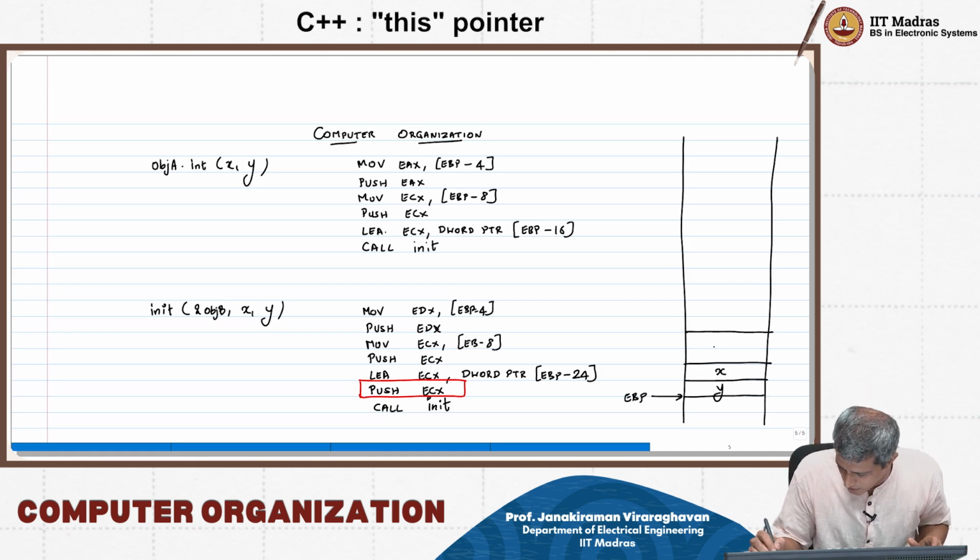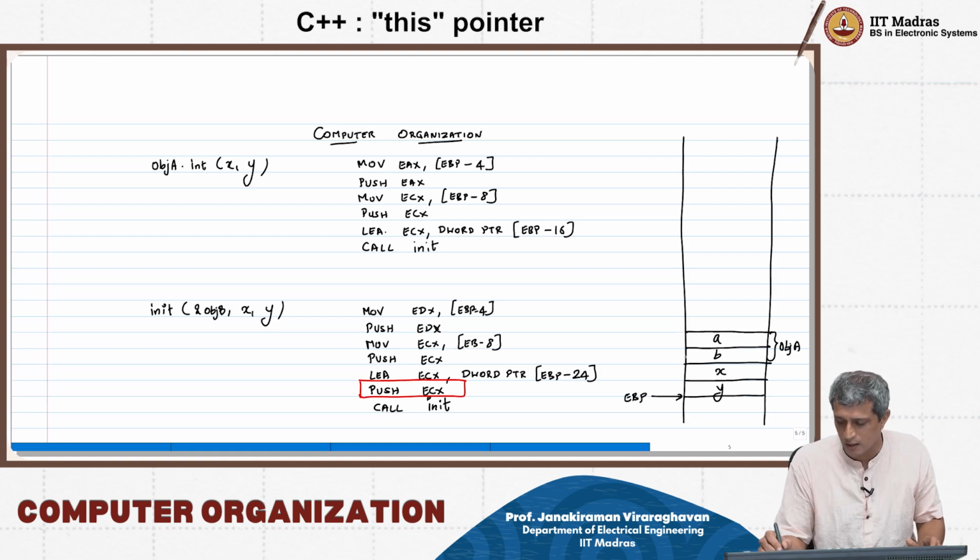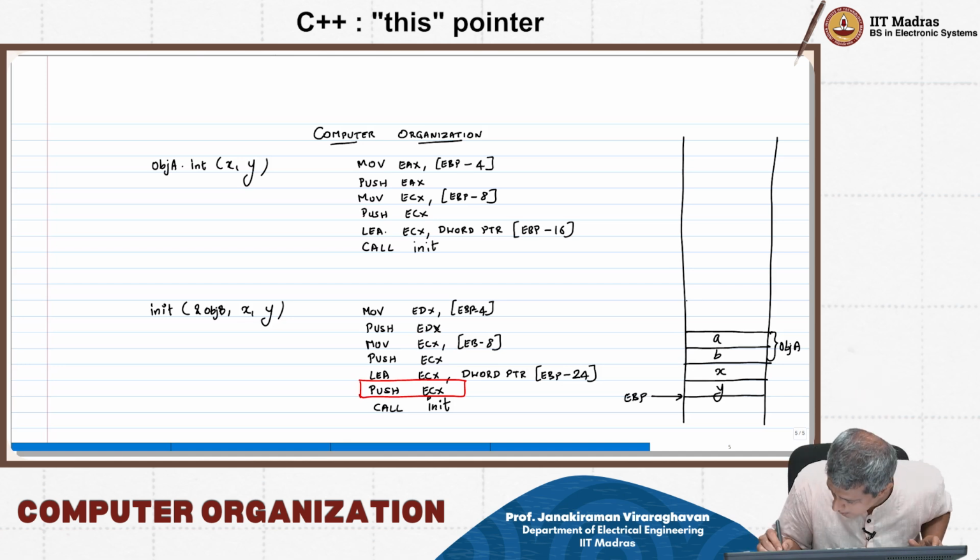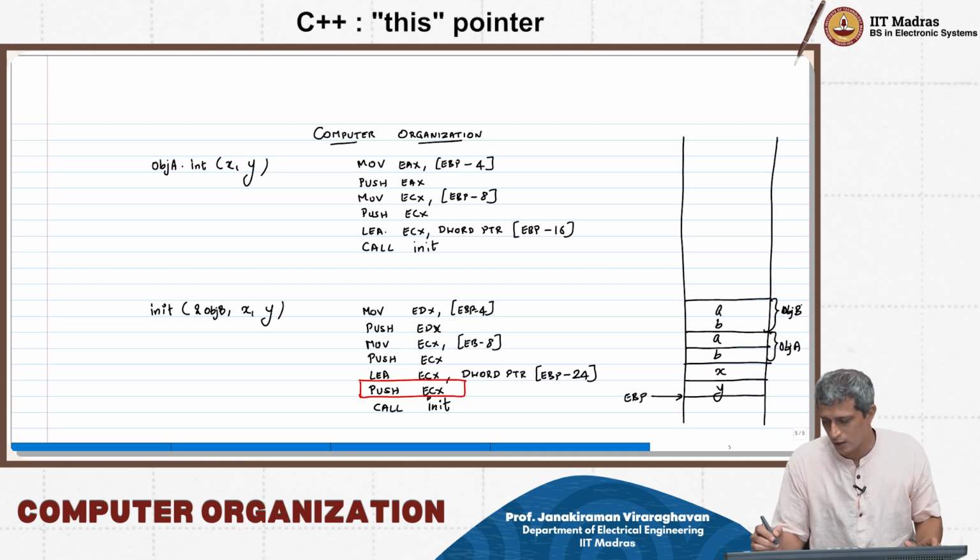Because this is ebp minus 16, object a, right? So this is object a with member variables a and b, so this is object a in main, right? So ebp minus 8, ebp minus 16, and then ebp minus 24 is here. So this is some ab and this is object b. Okay, so maybe I'll remove this line to indicate that it's a structure or a class.